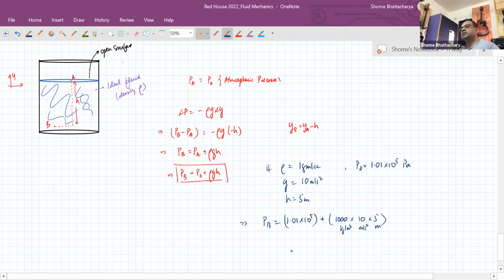So in pascals, it will become 1.51 into 10 raised to 5 pascals. So you can see that typically for a fluid like water, at a depth of 5 meters itself, the pressure is increasing almost by 50% compared to the atmospheric pressure.